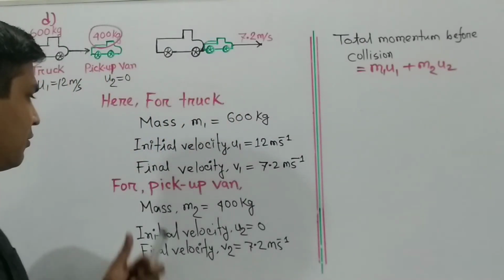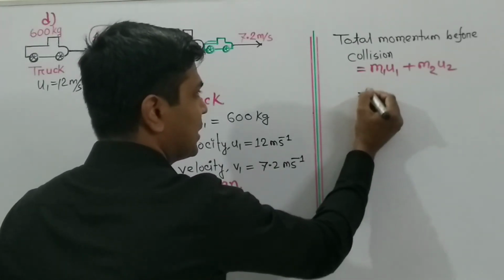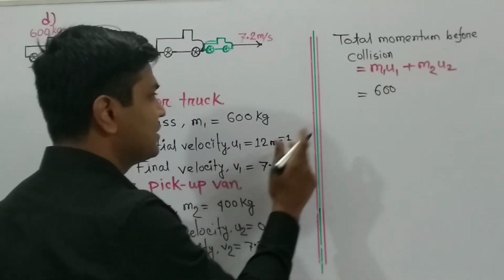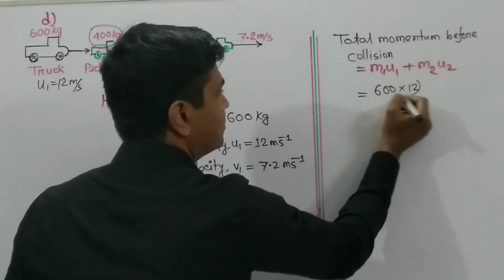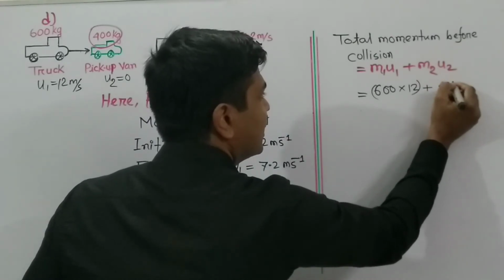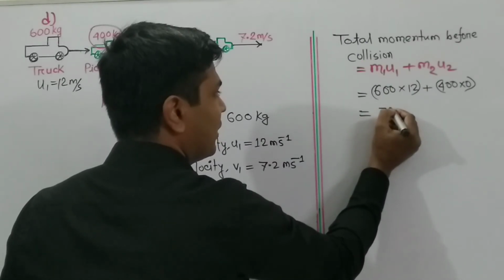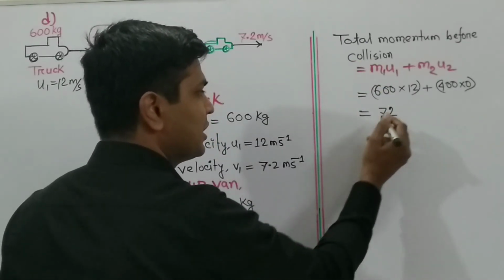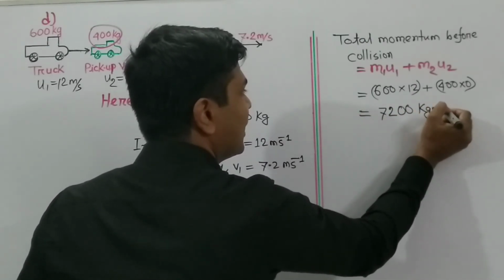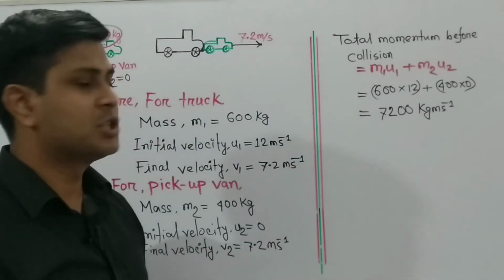If you put the values from the given information, mass of truck is given here 600 kg and u1 is 12, and m2 is the mass of the pickup van, which value is 400, and u2 is 0. After calculation, that expression gives the total momentum before collision as 7200, and the unit of momentum is kg meter per second. That is the total momentum before collision.